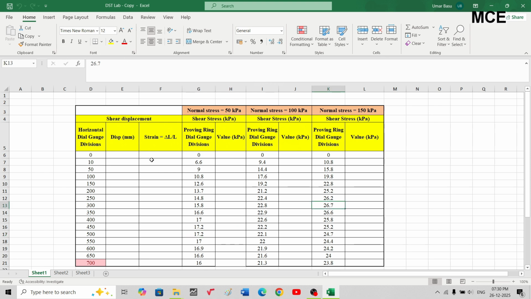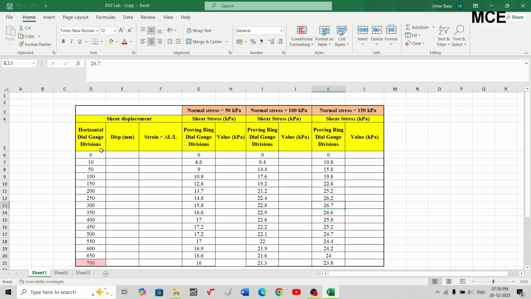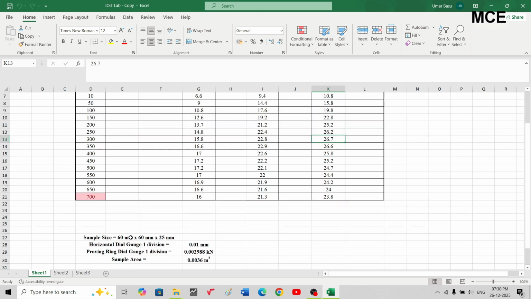To process this, converting the horizontal dial gauge into displacement and the proving ring gauge into kilopascal, you need the factors, which are already provided with each machine. For DST, the sample size is 60 mm by 60 mm by 25 mm.